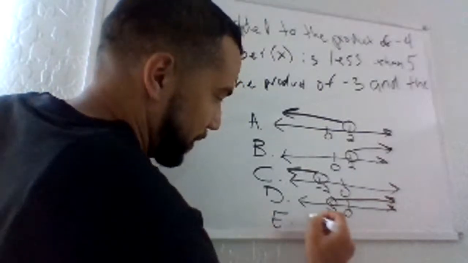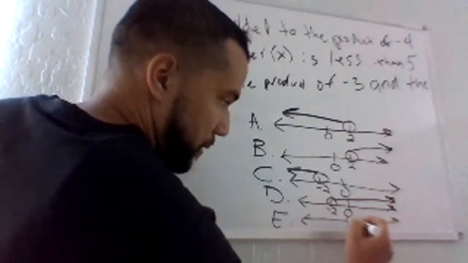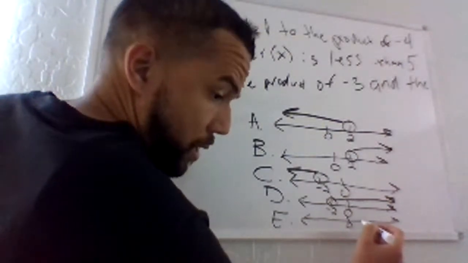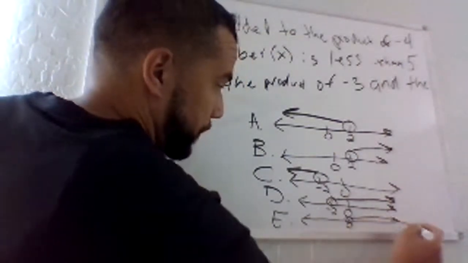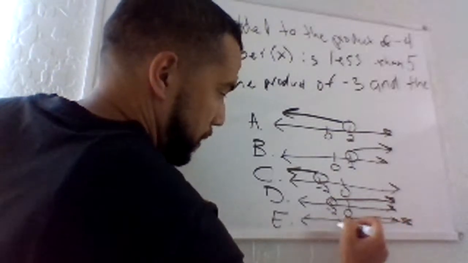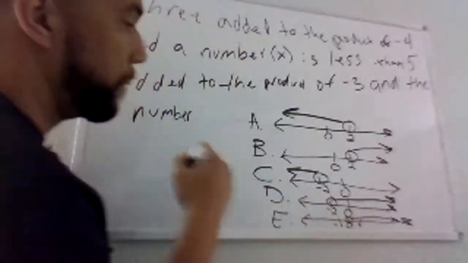And we have E, which they said was 0 to the right, open circle.